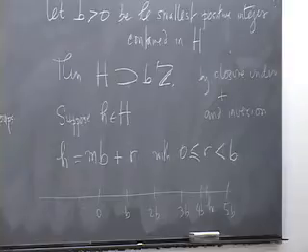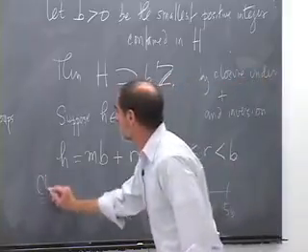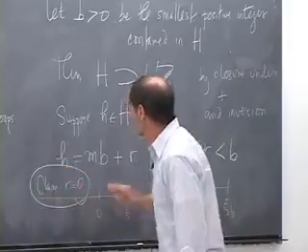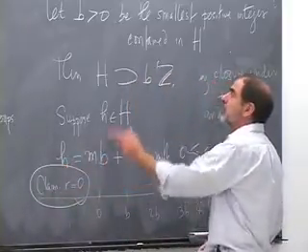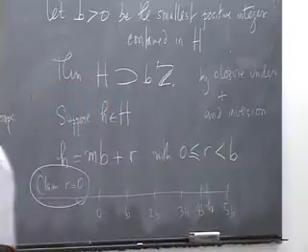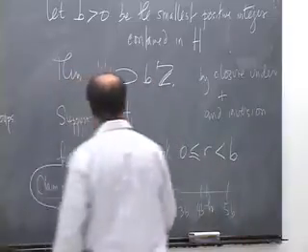Okay? Now, I claim that r is equal to 0. Which will show that h is actually a multiple of B, so that this exhausts the subgroup. And the proof is, if not, why?